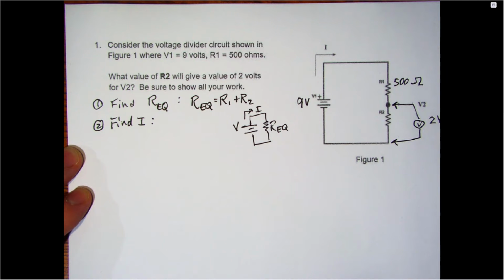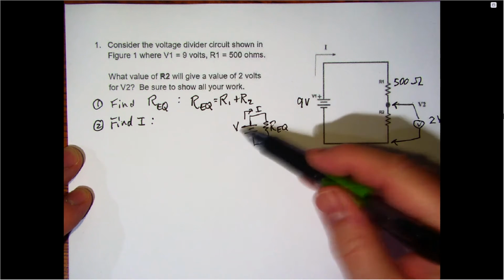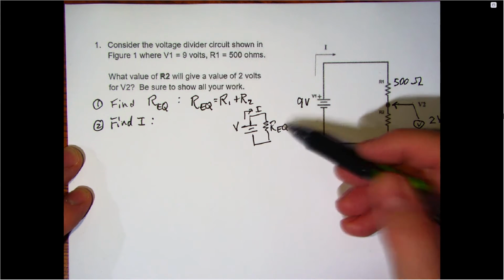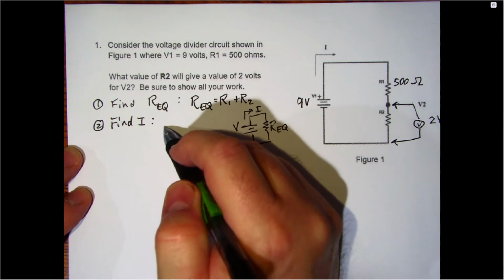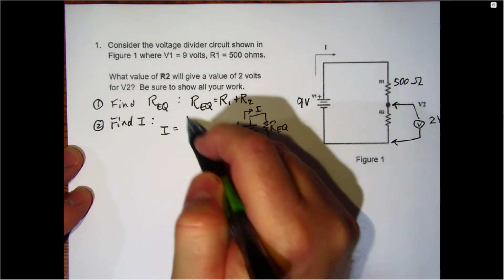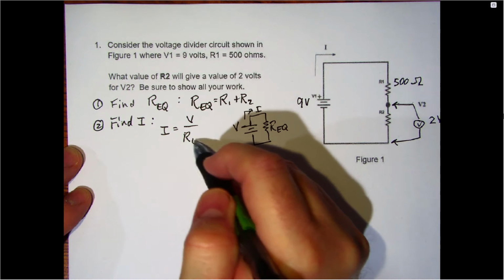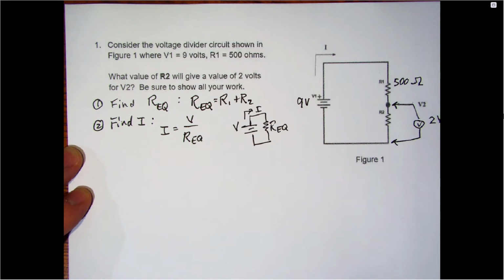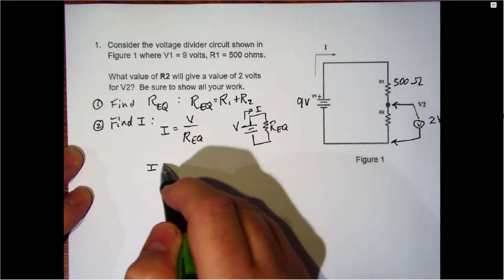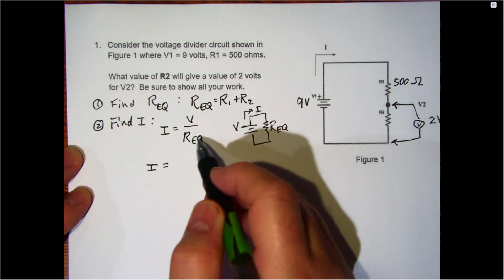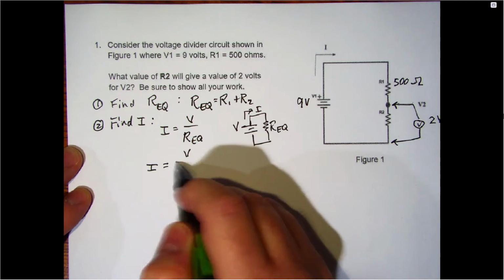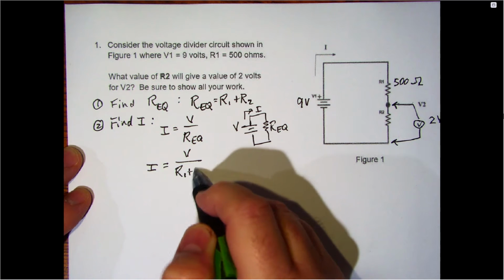The current is just the voltage divided by the equivalent resistance, so I is equal to the applied voltage divided by R1 plus R2.